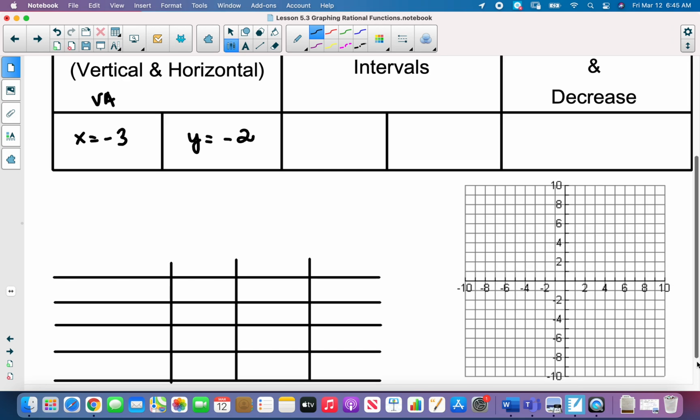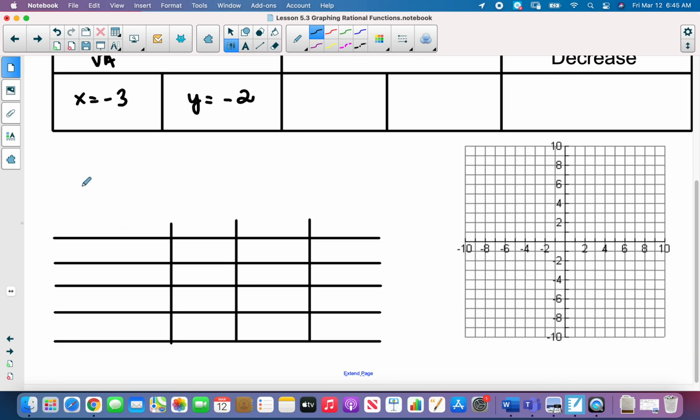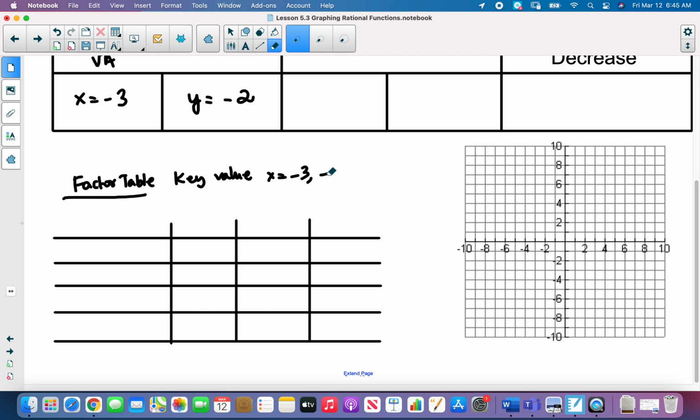To find the positive and negative intervals, we're going to do the factor table. Our key values are the vertical asymptote at x equals -3 and the x-intercept at x equals 1/2.